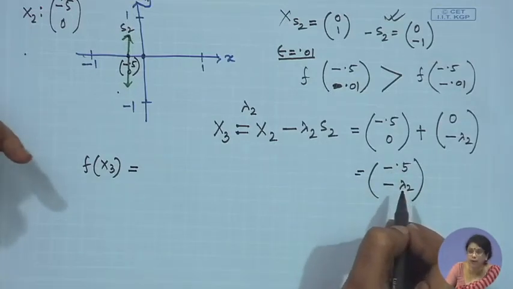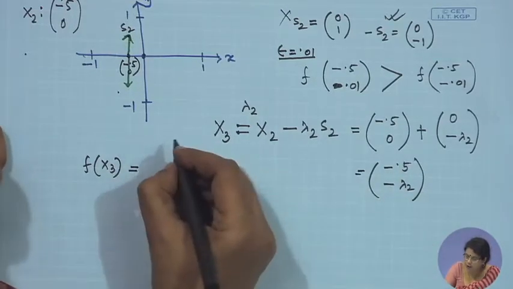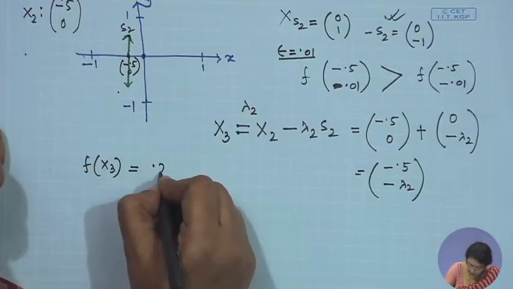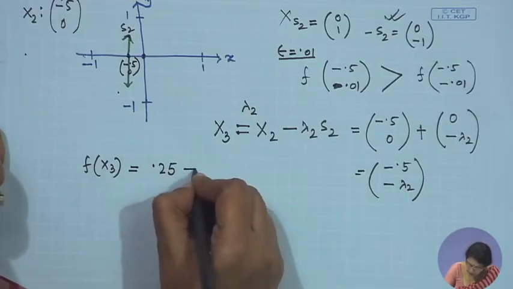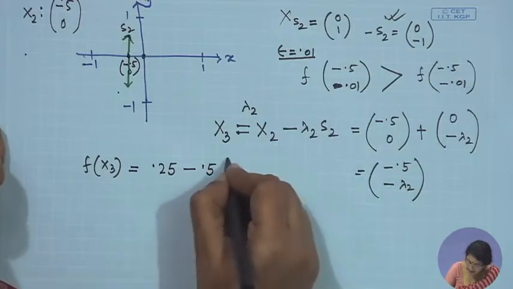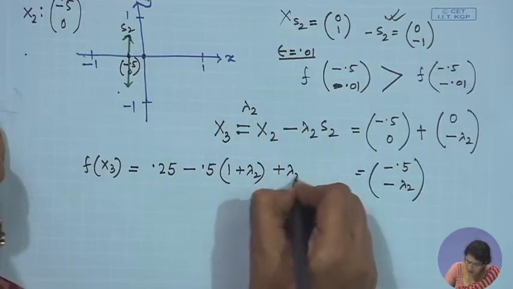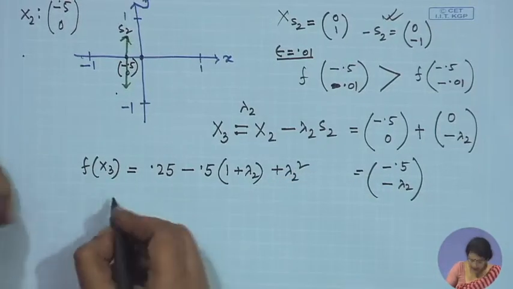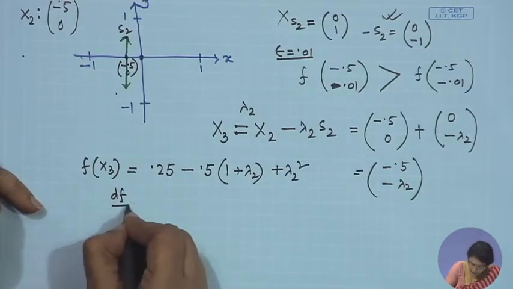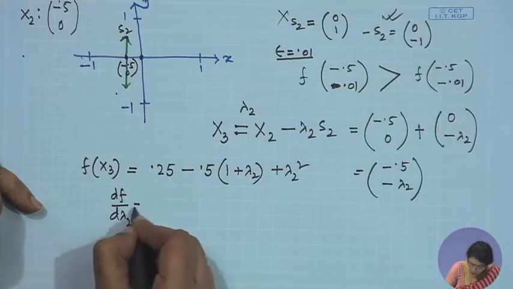Now, let me find out the functional value at x3, which is a function of lambda 2. Then what would be the function? I will get the function x squared plus x into 1 minus y plus y squared. Again I am taking the first order derivative and equating it to 0.